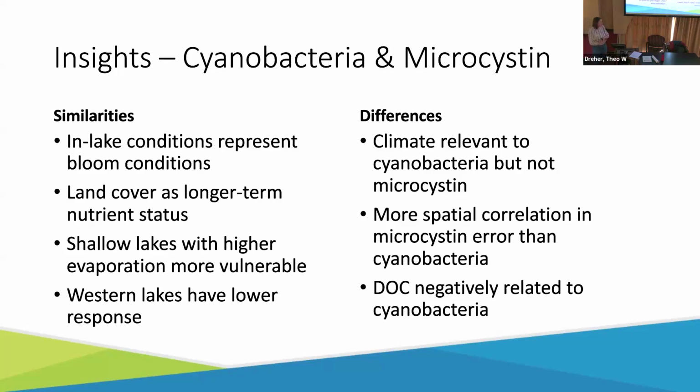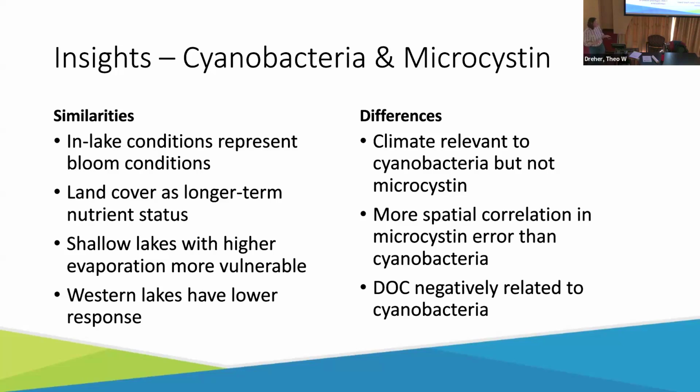We found that lakes that are shallower, that had higher evaporation rates, lower base flow or lower inflow altogether, tended to be at higher risk for both cyanobacteria and microcystin. And across these data sets, we found that the West had a lower overall response. But again, I want to emphasize that that's just in this data set and doesn't mean that it's not a problem here.